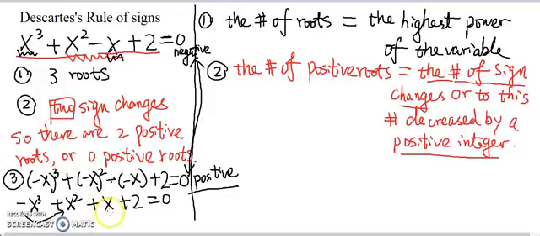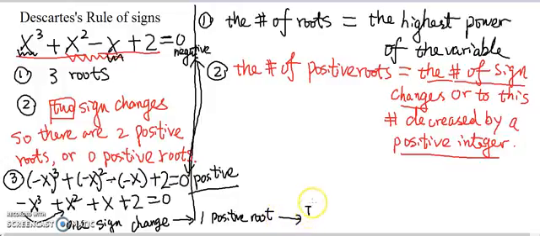Positive to positive, no sign change. Positive to positive, no sign change. So there's only 1 sign change. By rule number 2, this tells us this new equation has only 1 positive root, or decrease by 2. If we decrease 1 by 2, we get negative. That's not possible. So 1 positive root, which means the original equation has 1 negative root.